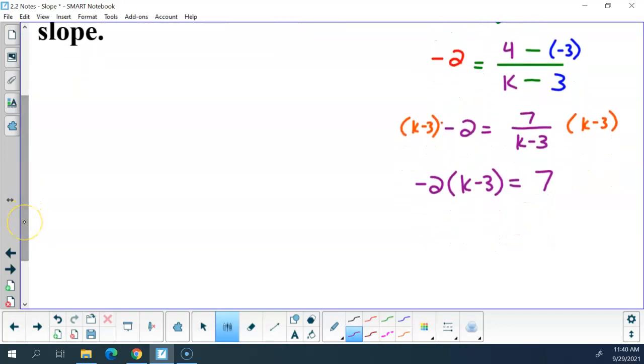Distribute the negative 2. That's going to give me negative 2k plus 6 equals 7. Now what? Subtract 6.